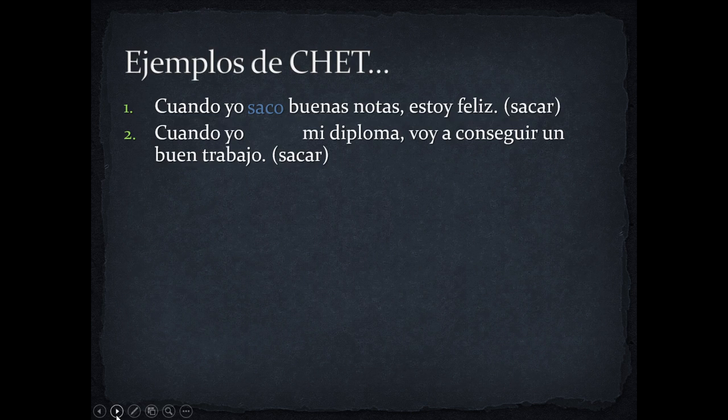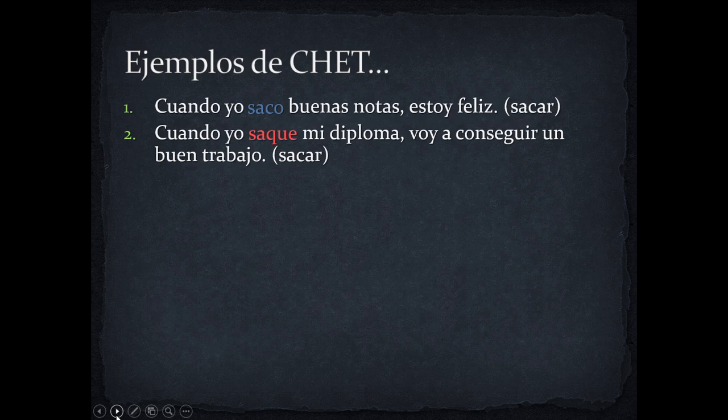Now notice, both of these sentences have the word cuando in them, which is the C of CHET. But the first one is not subjunctive because it's habitual. However, the second one is subjunctive because that action of getting my diploma has not yet occurred. So we need subjunctive of the verb sacar. Well, since sacar is an AR verb, that A will have to change to an E, but we're also going to have to do something with that letter C to make it sound or to look correct, and so we have QU there.